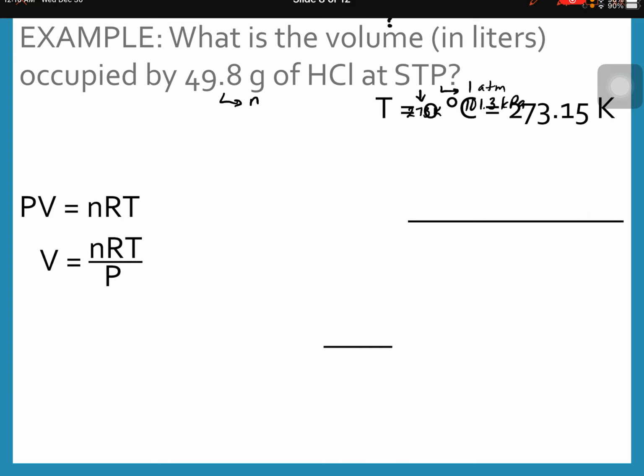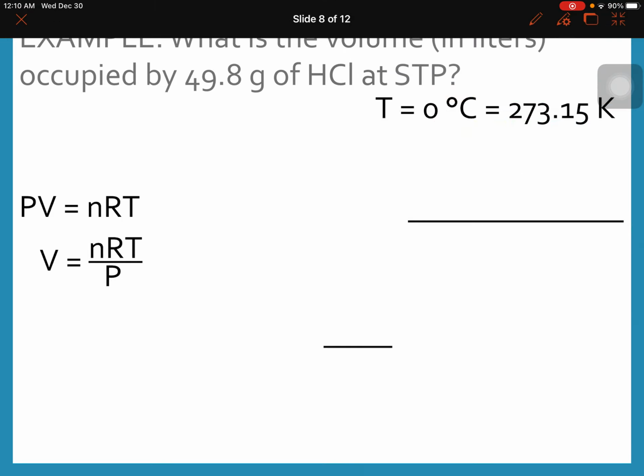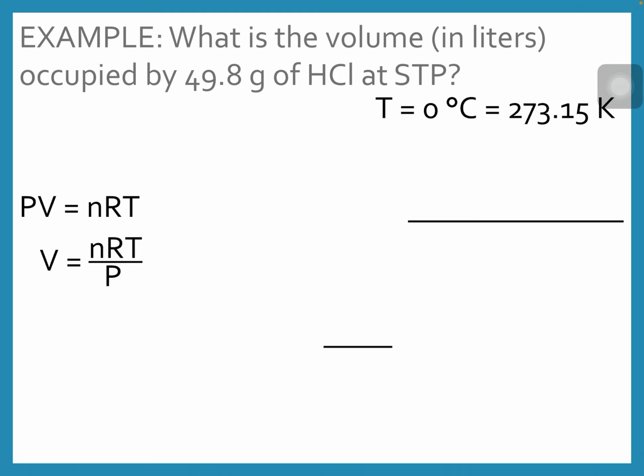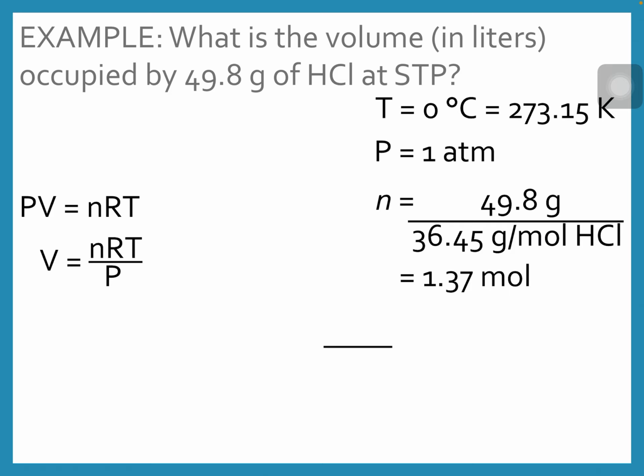Okay, so our temperature converted to Kelvin, pressure is 1 atmosphere, and my number of moles is 49.8 grams divided by the molar mass of hydrochloric acid, which is 1.01 for hydrogen and 35.45 for chlorine. So that's going to give me 36.46 grams per mole of hydrochloric acid, and that's equal to 1.37 moles of hydrochloric acid.